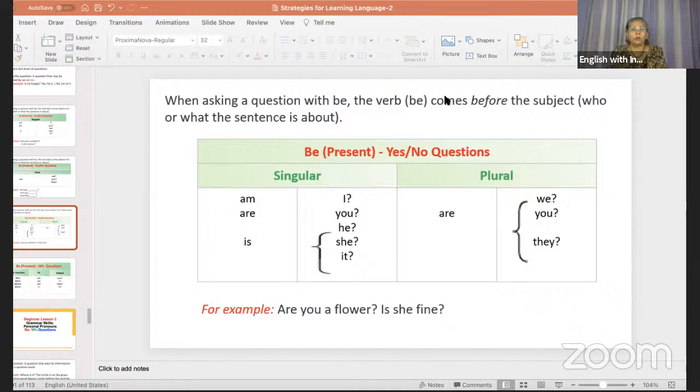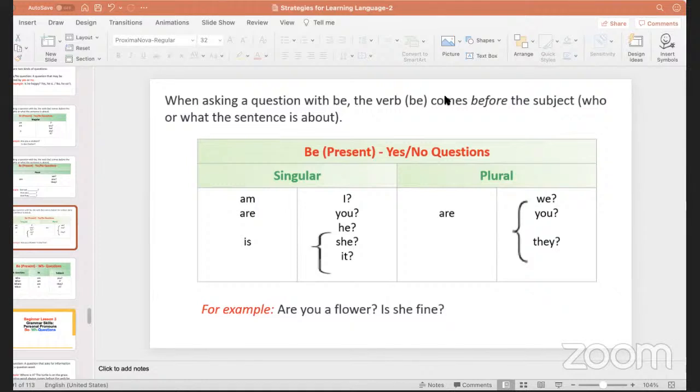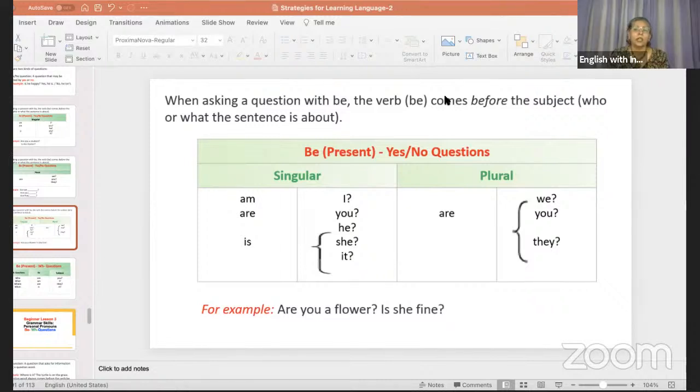So I hope you enjoyed this lesson. If anyone has a different question from this topic, if I know the answer, I will try. But before that, I want to ask other students if they have any question or want to say anything about this class, how they feel. You can say that in your language also.